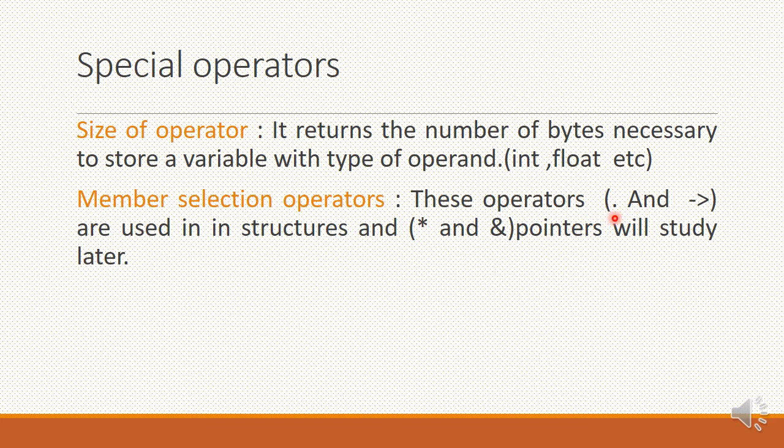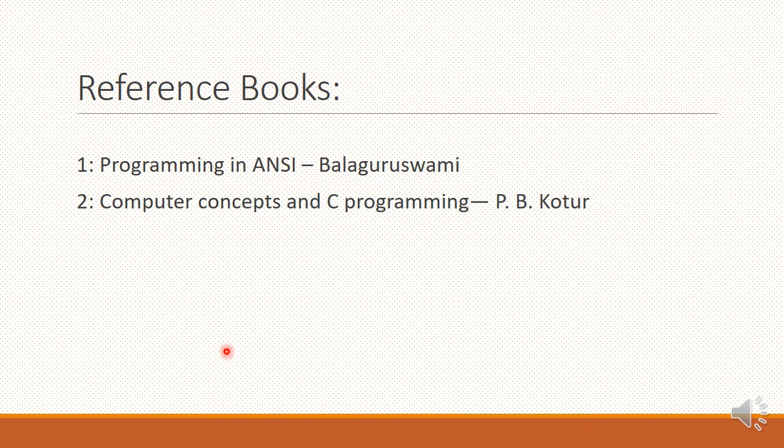The dot and the arrow we use in structures, and the star, the asterisk symbol, we use in pointers. When we study structures, we should know how to use the full stop and the arrow mark, and when we use pointers, we will understand how to use the star. These are also special operators available in the C language.